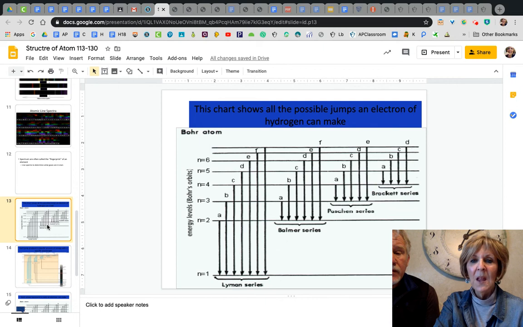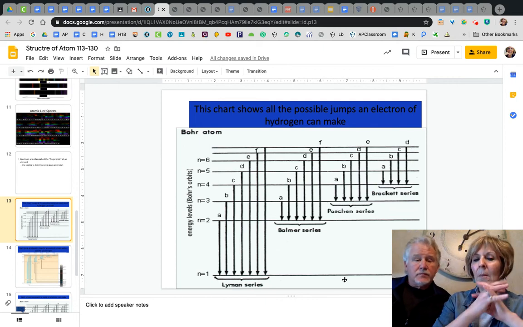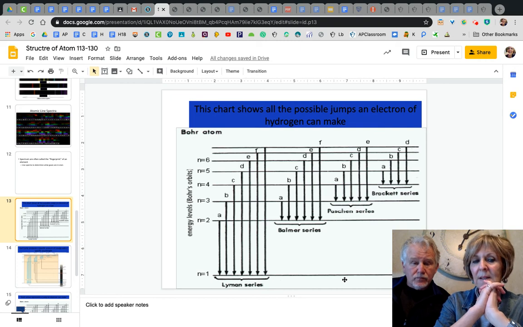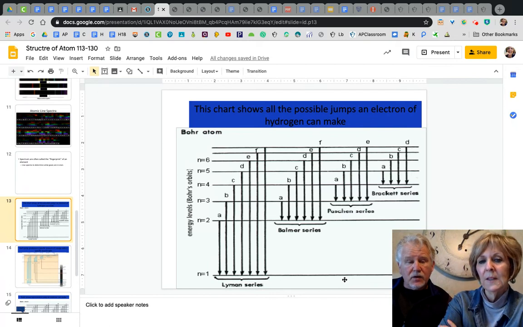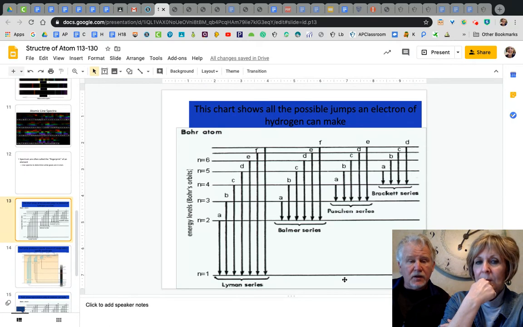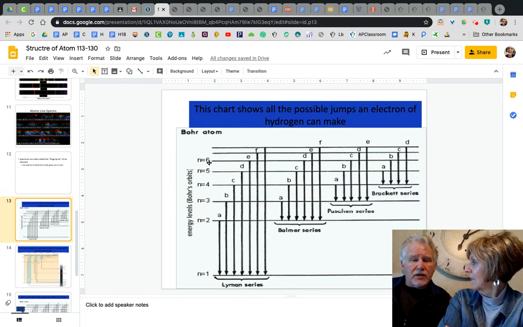It's so cool. So tell us about this, and tell us about these different series. They don't need to know everything about this, right? What they need to know is that there are these different energy levels, these n energy levels. You're going to learn more about this as you get into electron configuration, but n is the electronic state that an electron is in.